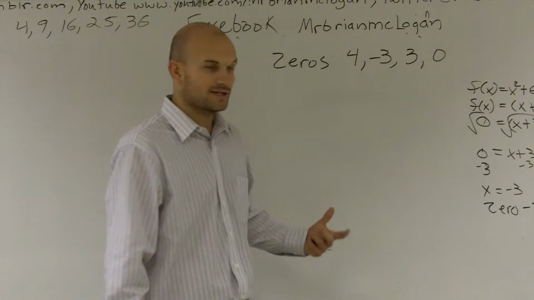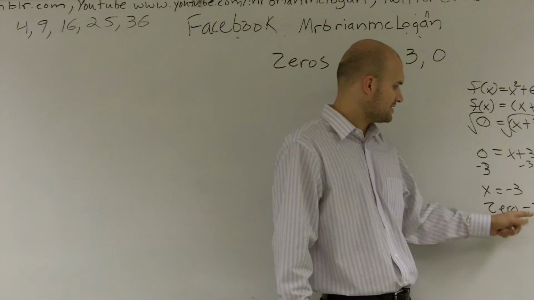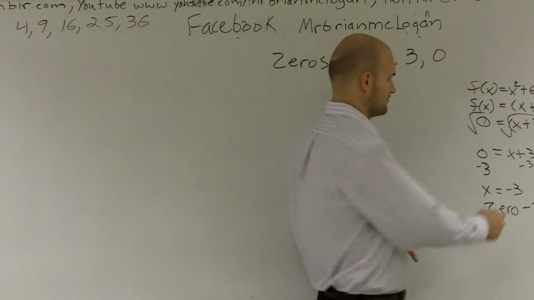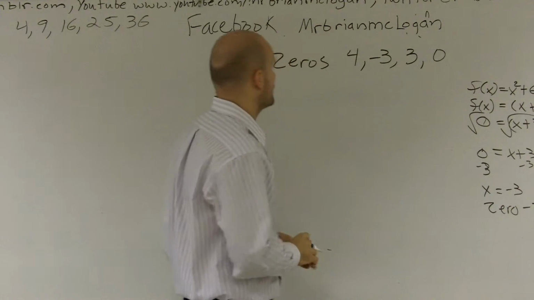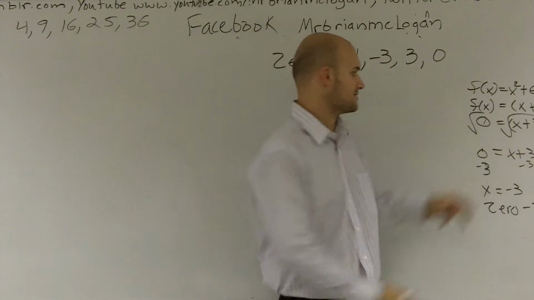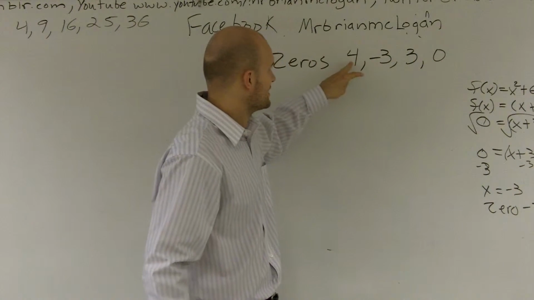So what we need to do is go from the zeros to factor form and then write it as a polynomial. I have my zeros. The next thing I need to do is write them as linear factors.